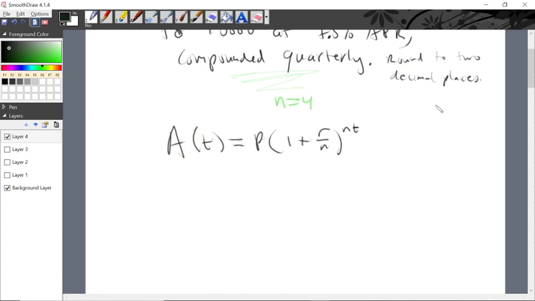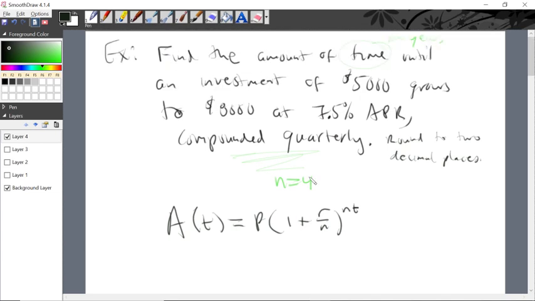We'll say just round to 2 decimal places, but our answer will be in years. Let's plug in what we know into our equation here. We have an investment that is initially $5,000, so the value of P would be 5,000. That's the present value. And we want it to grow to $8,000, so 8,000 is the future value. That's the amount of A.